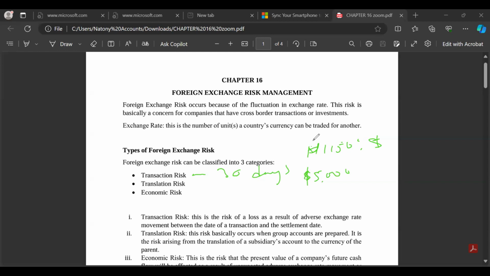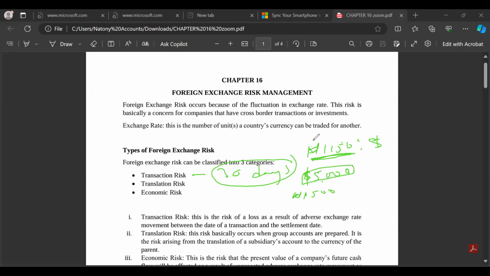If payment is not made immediately, you accept the 30 days credit term and you defer the payment for 30 days. At the end of the 30 days, let's assume that the naira weakens and it is now 1,500 naira to get a dollar.